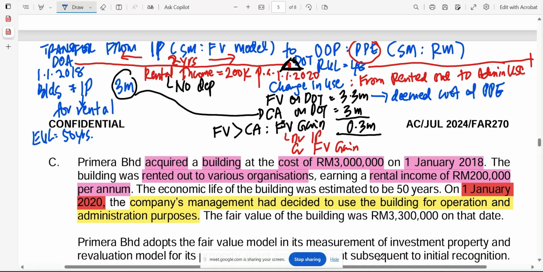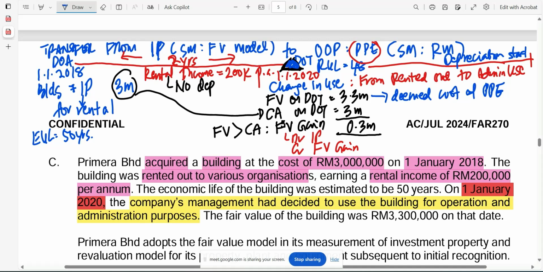Starting from this date onwards, 1st of January 2020, the one in blue there, the blue triangle, you will start to have depreciation because it uses the revaluation model. So depreciation will start to be charged. If there is any fair value change after the date of transfer, maybe somewhere in July 2020 or 31st December 2020, this is no longer fair value gain or loss.